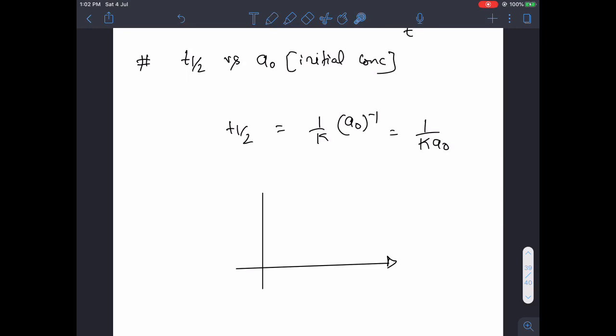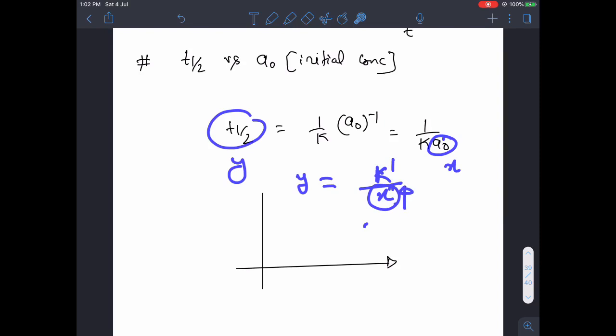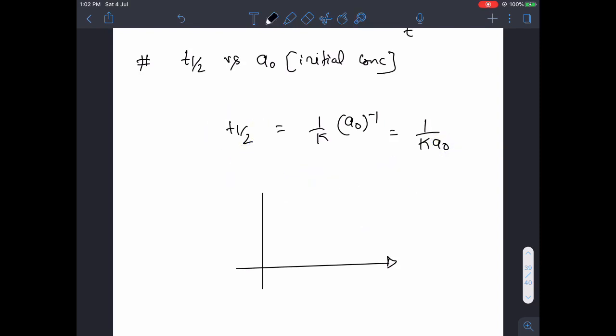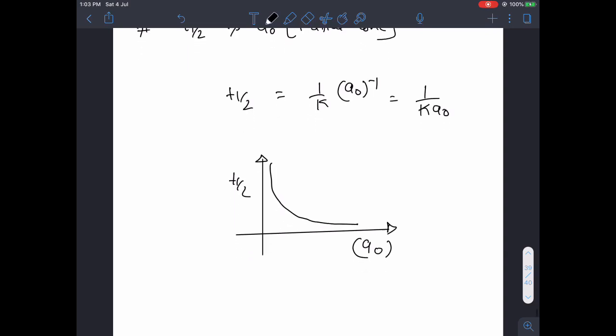Just look at this. This is our y and this is our x. So the graph is very similar to y is equal to some constant k dash divided by x. So as x increases, y decreases. So this is how it will look like. So t half versus initial concentration will look like this.